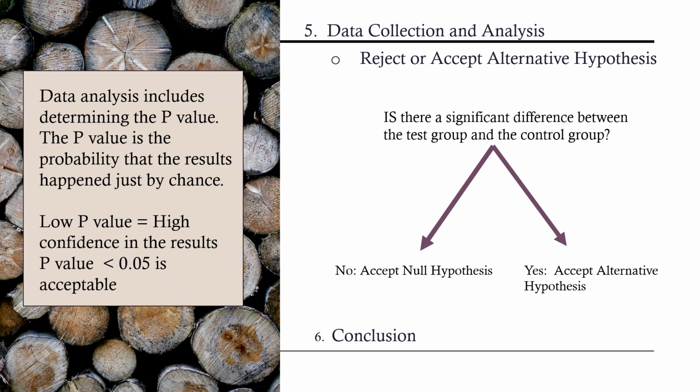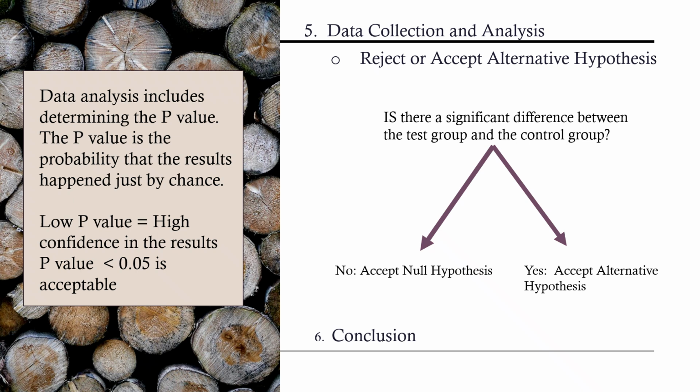Okay. One of the things that scientists will calculate, and we're not going to go into details today, but I just wanted you to know that it's out there so that you know that it's something to consider. And that is what's called the p-value. The p-value is the probability that our results happen just by chance.